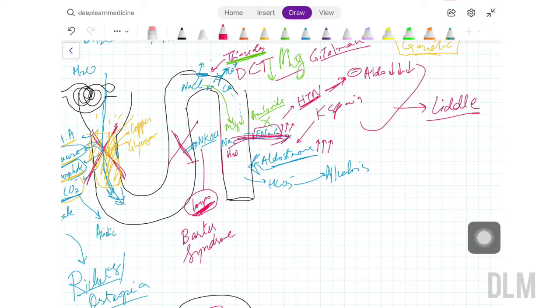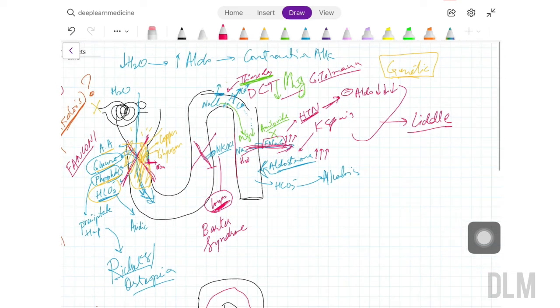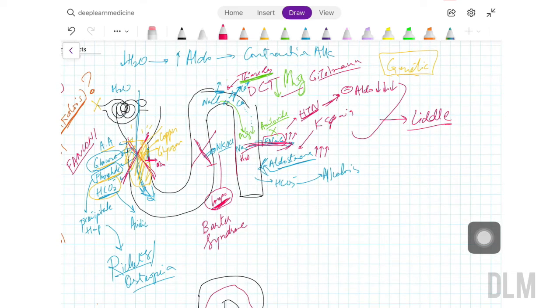It becomes really overactive. Well, you could guess from the function of aldosterone that it would cause increased reabsorption of sodium, following which would be increased reabsorption of water, and a volume overloaded state that would cause hypertension.